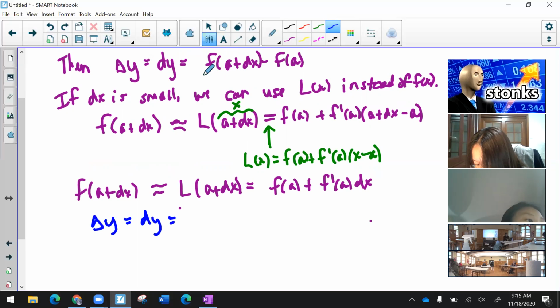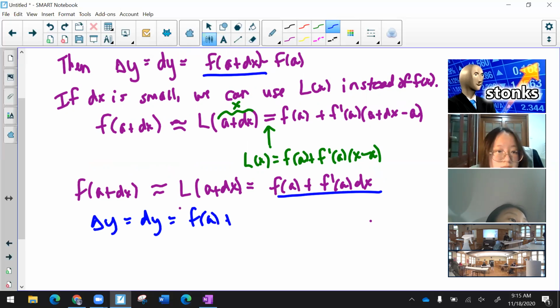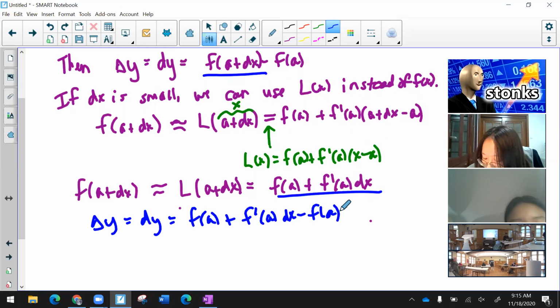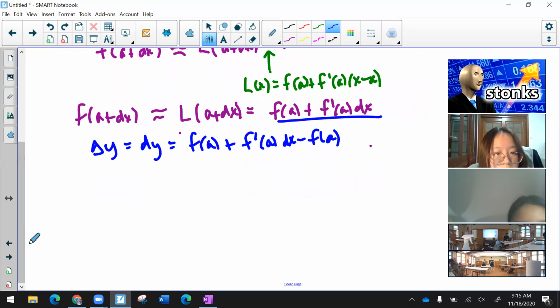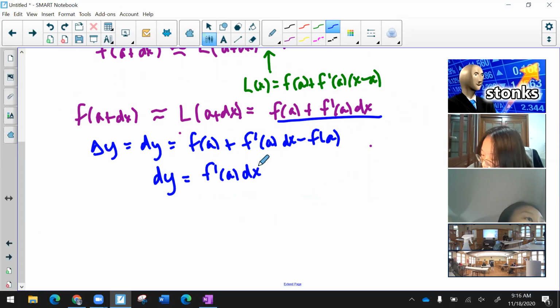So now I can substitute in for f of a plus dx using this. That's going to be f of a plus f prime of a dx minus f of a, or dy is f prime of a times dx, which is actually the formula we had at the beginning, but now we kind of understand what it is.